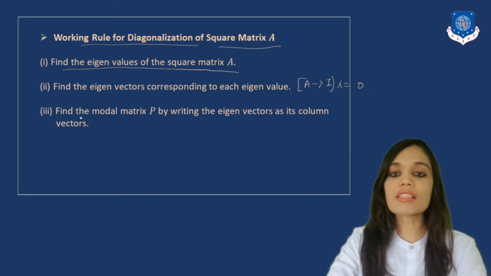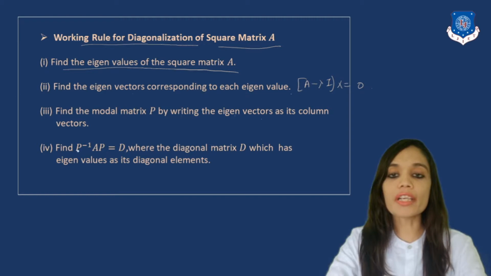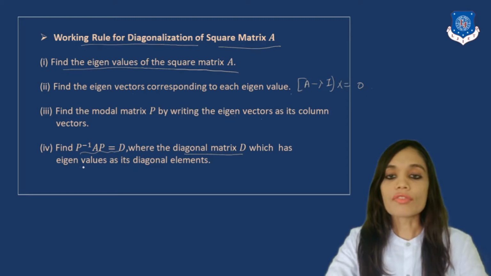In the next step, we have to find the modal matrix P by writing the eigenvectors as its column vectors. And in the next step, we have to find P inverse AP, that will be equal to D, where D is the diagonal matrix which has eigenvalues as its diagonal elements, right?